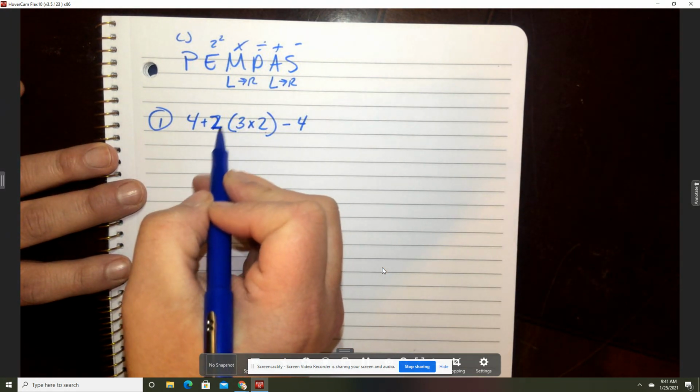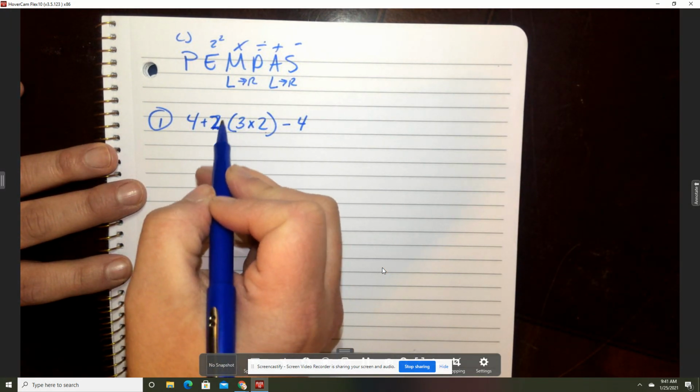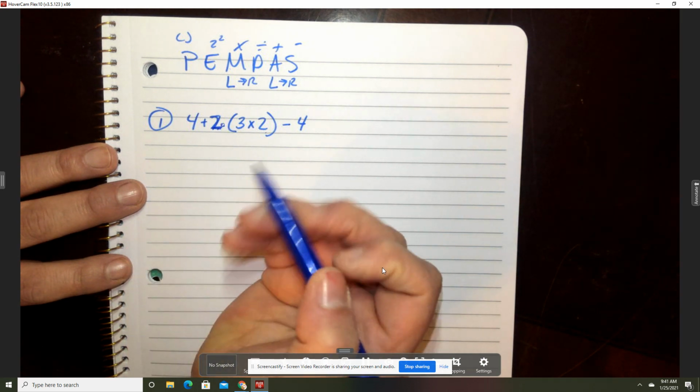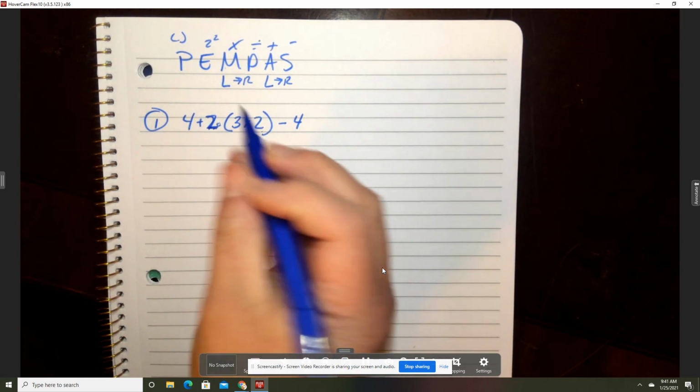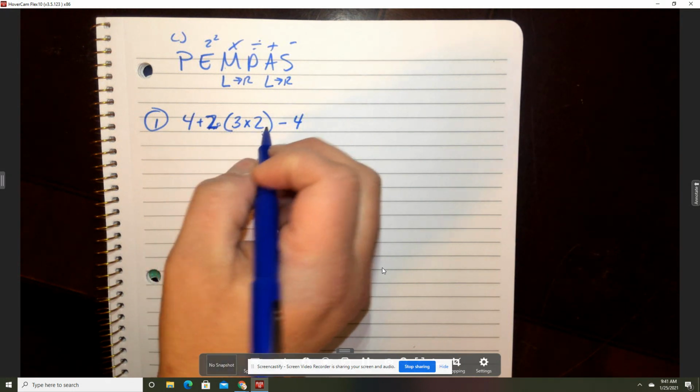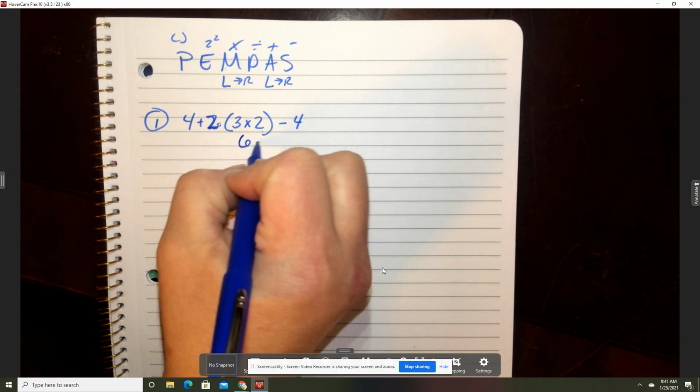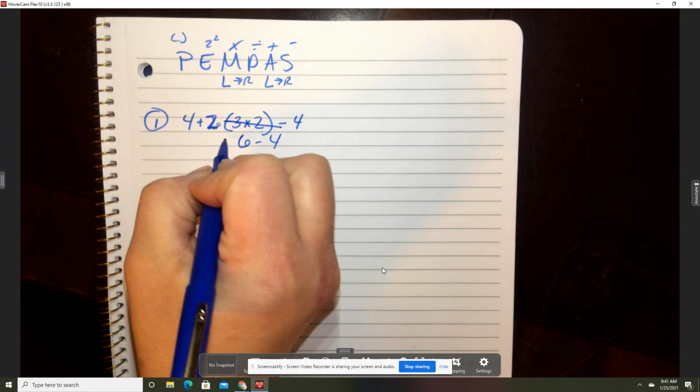Now, I don't have anything there besides the 2 in the parentheses, but that does mean that you're going to multiply. So the first thing we're going to do is parentheses, and that is going to be 3 times 2, which is 6. And then we're going to bring everything else down.